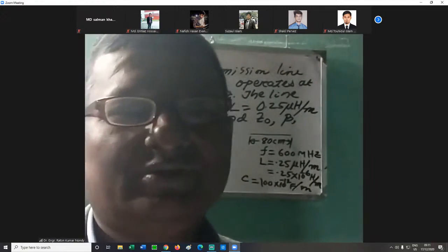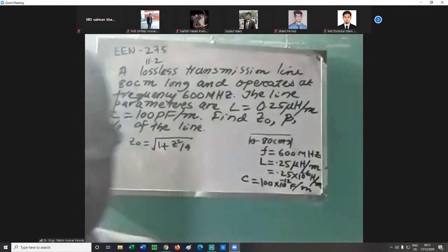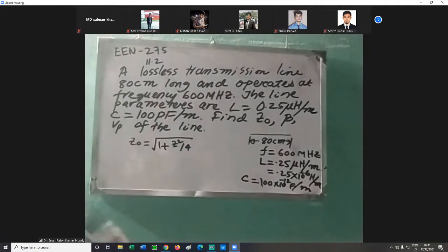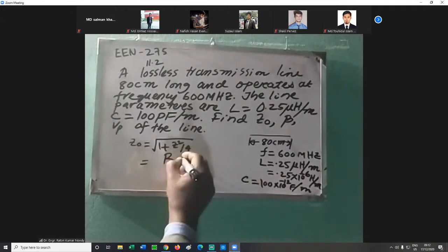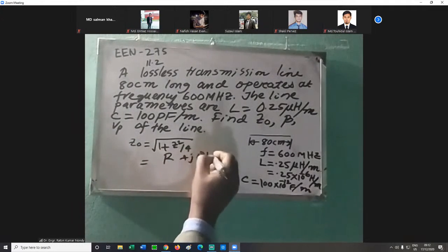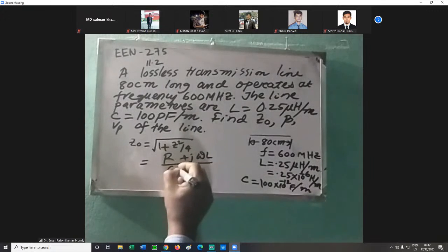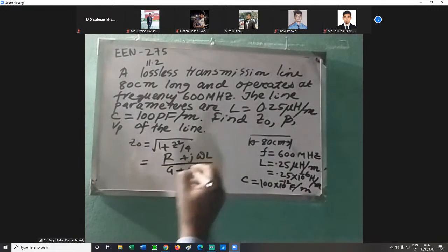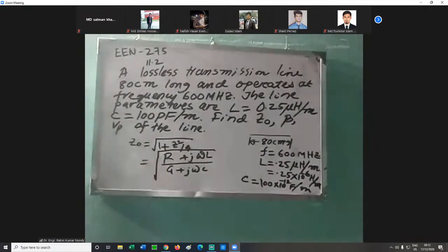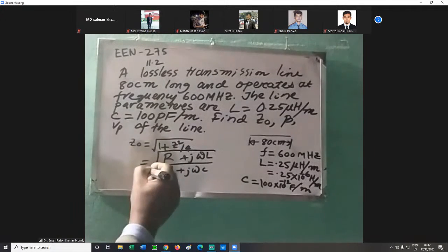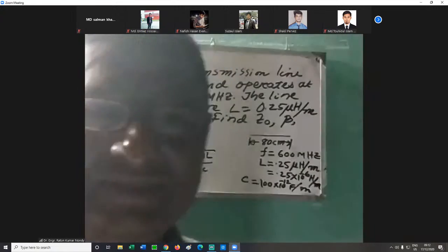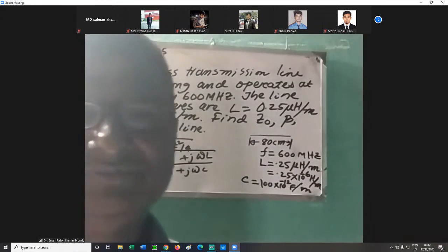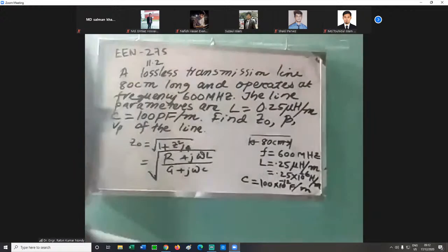Now you see, there is another equation: R plus J omega L divided by G plus J omega C. You remember it. That equation I will derive in the next two hours.